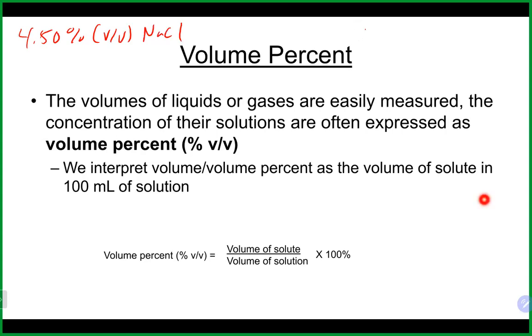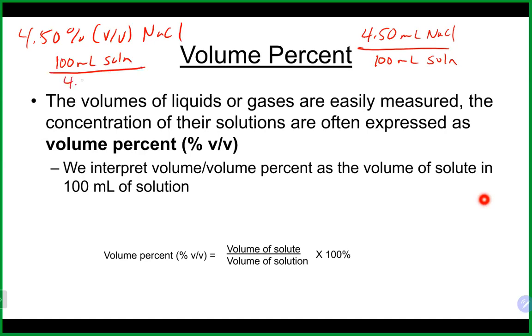You could say you have 4.5 milliliters of sodium chloride in 100 milliliters of solution. That's basically 4.5%. Or you could flip it around and do 100 milliliters of solution over 4.5 milliliters of sodium chloride.